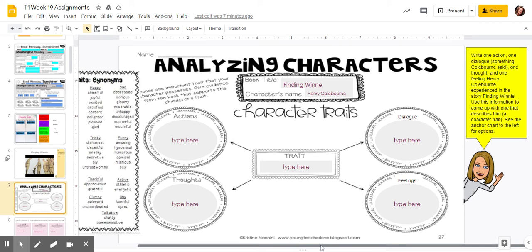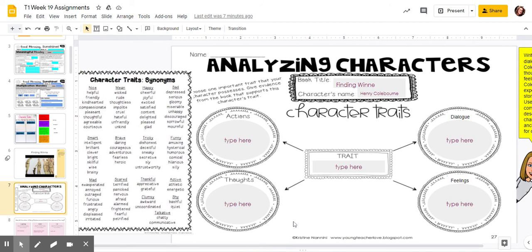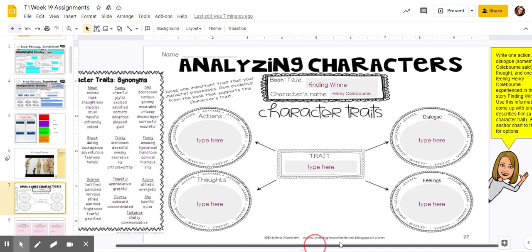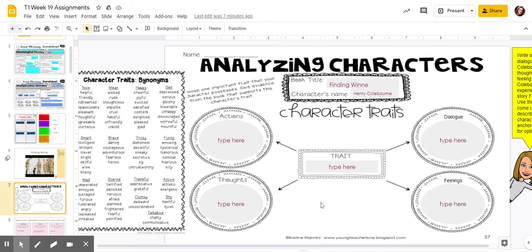And if you have examples of him being helpful or friendly or kind-hearted, then your trait should be a positive trait, not a negative trait. So just pay really close attention to what you choose about him and the trait that goes with those findings.